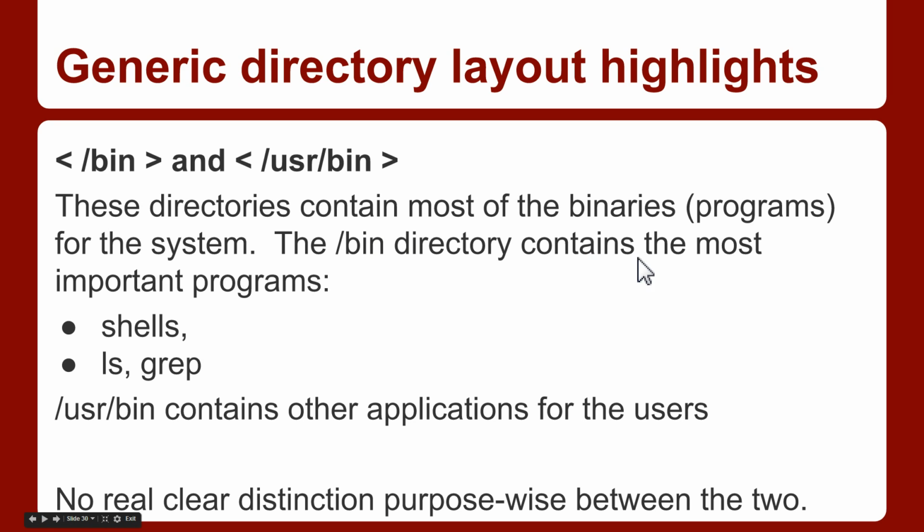And the /bin directory contains the most important programs typically for a system, such as the user shells, file system tools like ls, regular expression tools like grep. /usr/bin contains other applications that aren't so common for users, but there's no real clear distinction between the two, and nothing prevents you from putting your applications wherever you want, and that is really at the heart of Linux and similar systems, that they are fully configurable. You can do whatever you want with them.